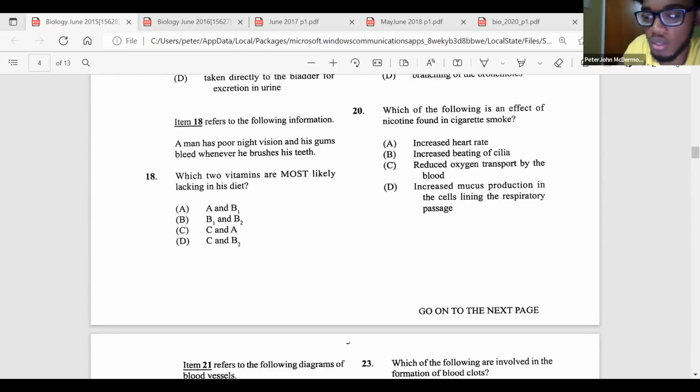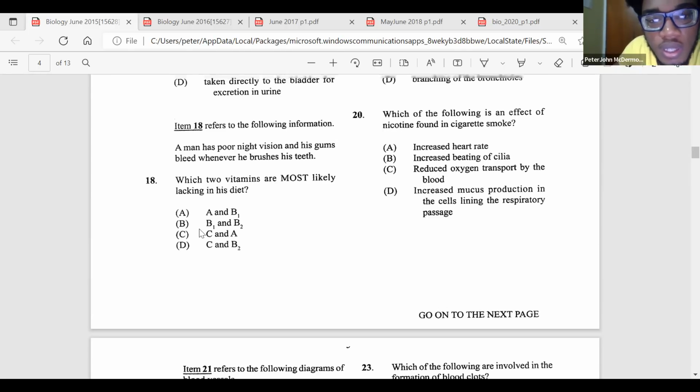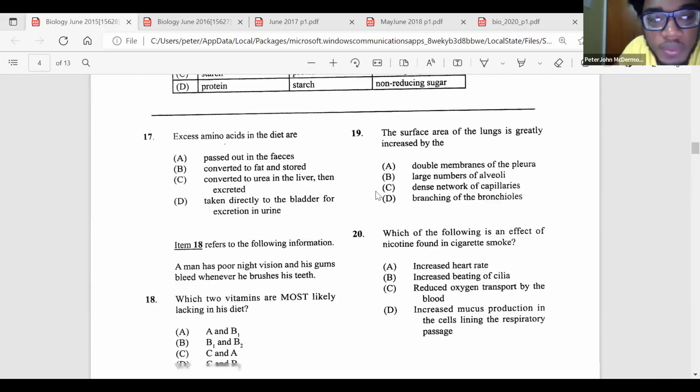Anybody? Yeah, just in case they put stuff like this instead, so it's not a completely confusing thing. So another name for vitamin C is ascorbic acid, right?